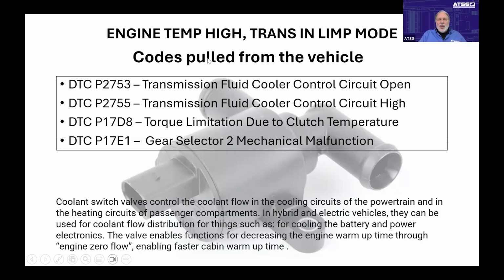These control valves control engine coolant to the heat exchanger, to the transmission cooler. When they go bad, the transmission could overheat, because if they don't supply enough engine coolant to the heat exchanger, the transmission fluid can't dissipate heat into the coolant. So then it can overheat. You can get codes like this.